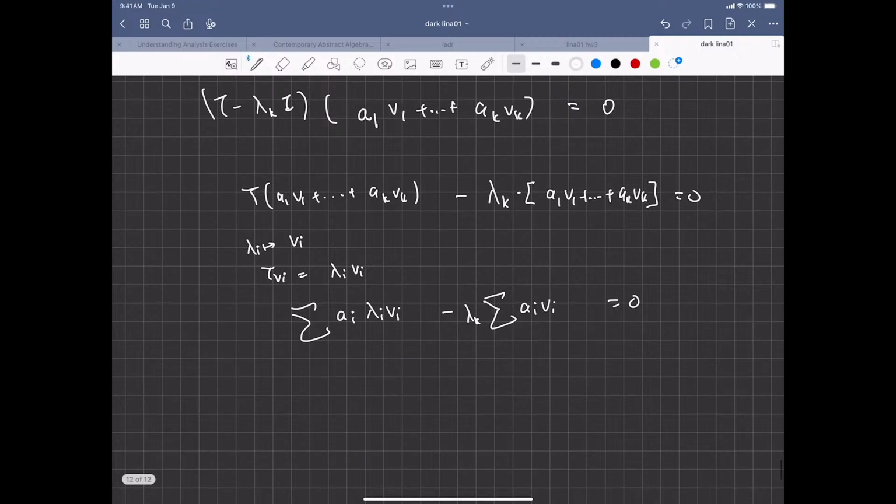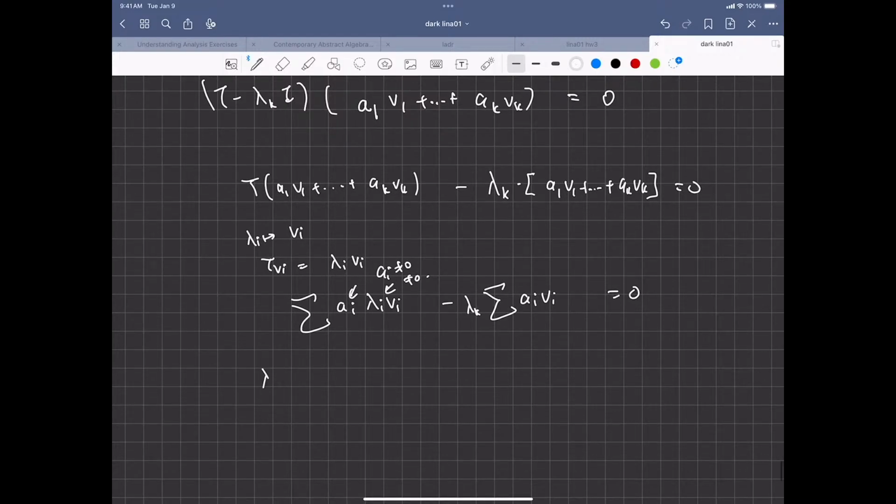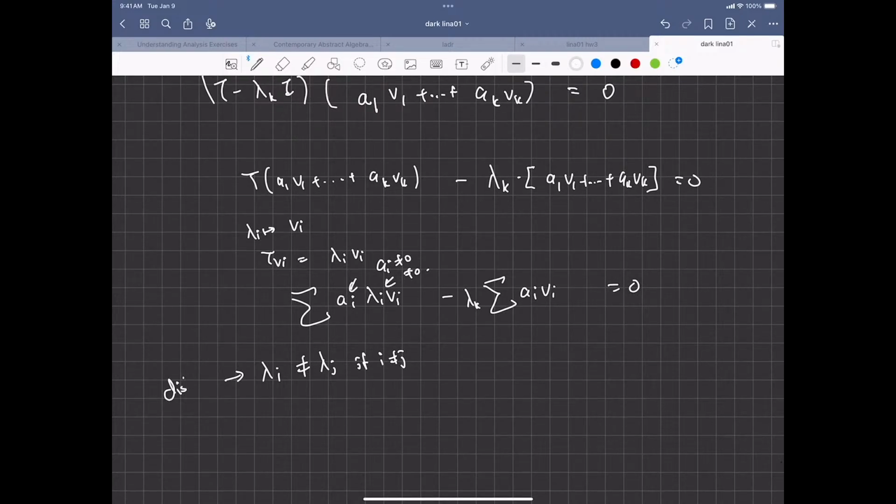Recall that since none of these are 0, and since these are distinct eigenvalues, lambda i is not lambda j if i is not equal to j.